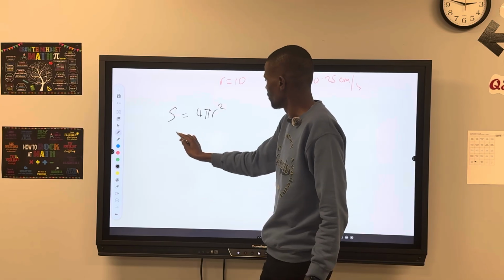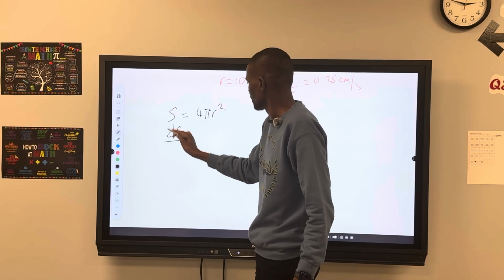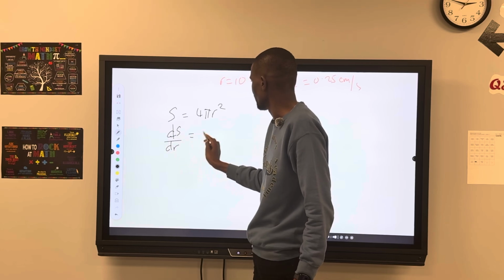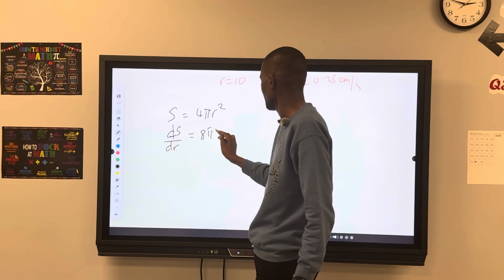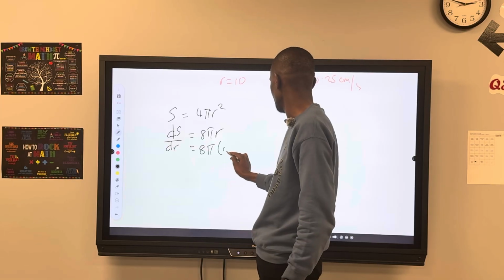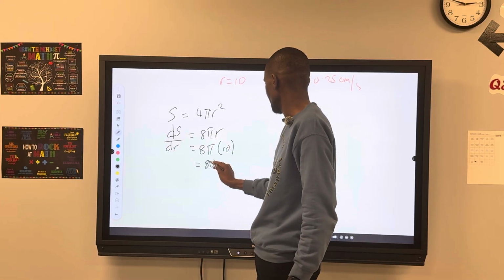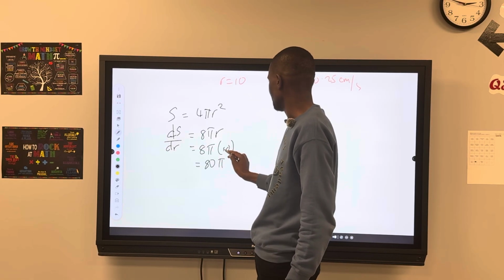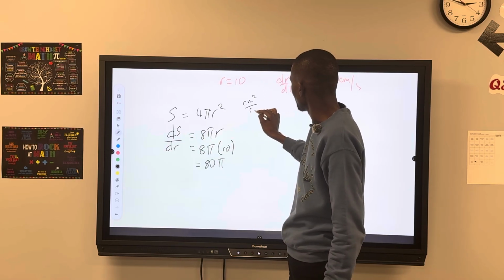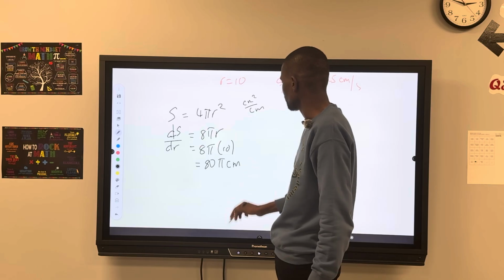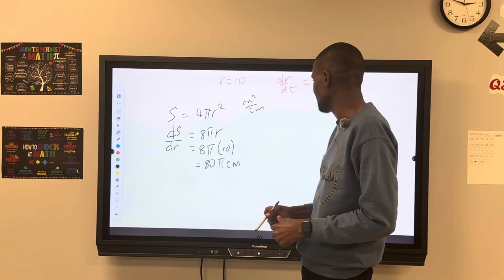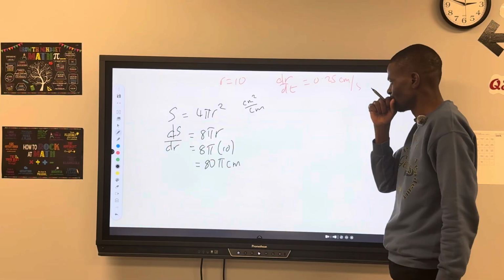First, we need to differentiate the surface area with respect to our radius, which is 8 pi r, and we know that our r is 10, so here it's 80 pi. The rate of change of surface area with respect to radius is 80 pi centimeters.